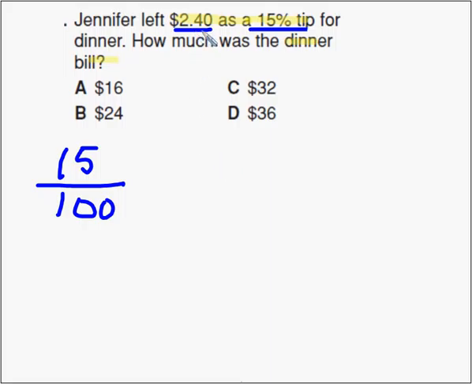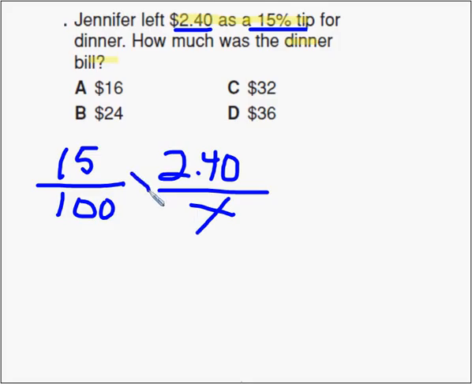This is the part, the portion of the total cost or portion of the dinner. And so that's the top number. That relates to the 15. It's 15% of something over X. We don't know the total cost. Then we do cross products here. 15X equals 100 times $2.40, which would be 240.